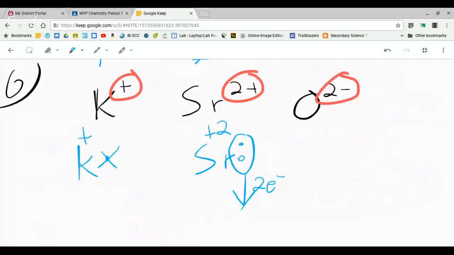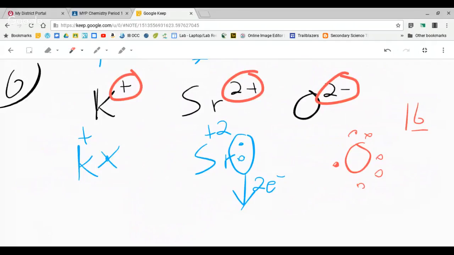And then on the opposite end is oxygen, which is in group 16, so it has 6 valence electrons. 1, 2, 3, 4, 5, 6. Its options are to either get rid of all these 6 electrons or to satisfy the octet rule so it can have a total of 8.